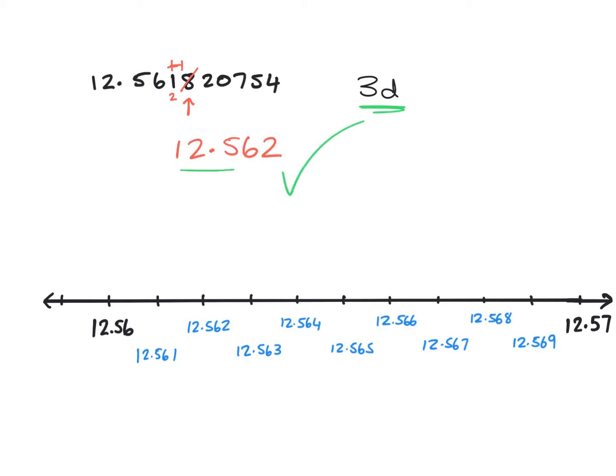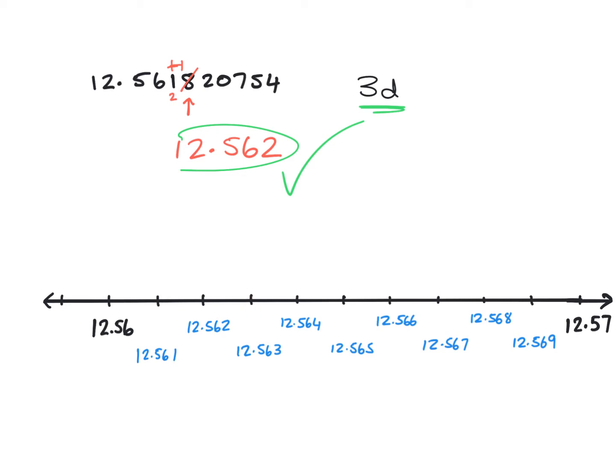Right, well now I need to plot this onto my graph, and I've divided my graph now into thousandths, because I've got 12.56. My next number is 12.57. I've got 10 little lines over here, which tells me that each of these lines has to be a thousandth.